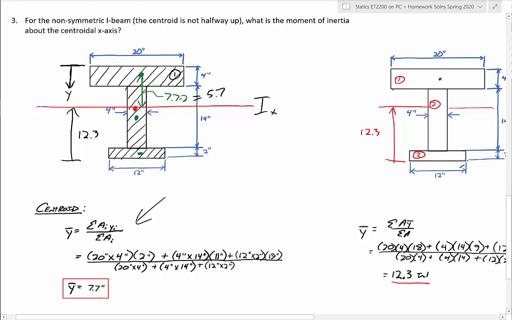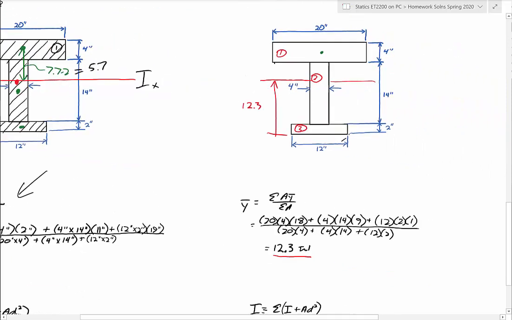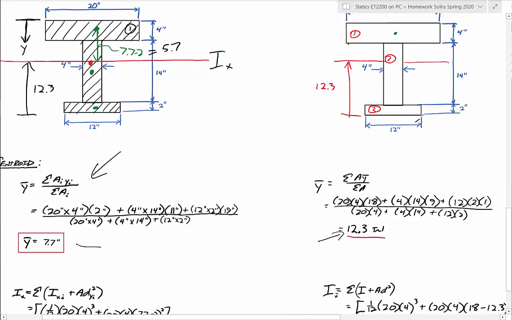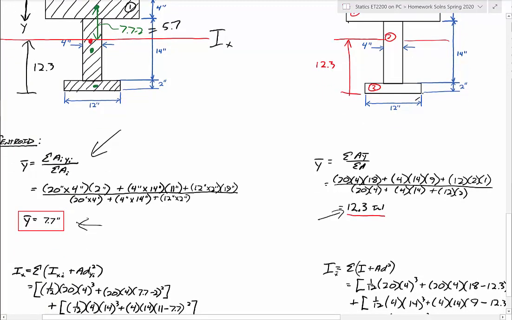So either one would work, and it looks like I did both here. So you can compare your answers, either the 12.3 or the 7.7. Either way, you'll get the same moment of inertia. It looks like I'm doing this problem twice to show that. I forgot I did that.